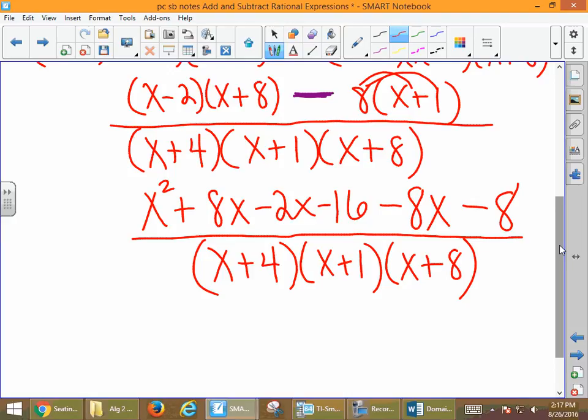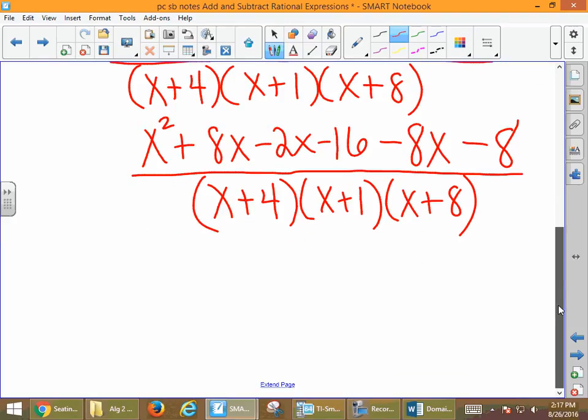We can combine like terms. So when we combine like terms, we don't have anything for the x squared, but we have 8x minus 2x, or minus 2x. Negative 16 minus 8 is negative 24.